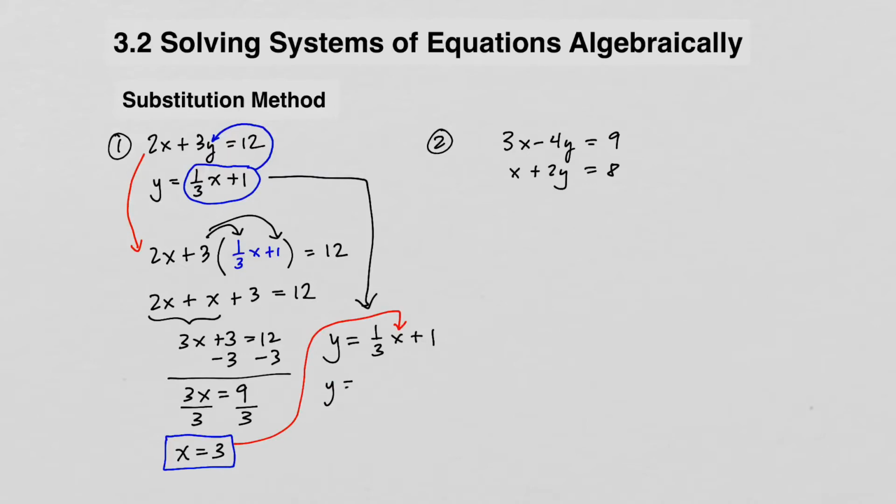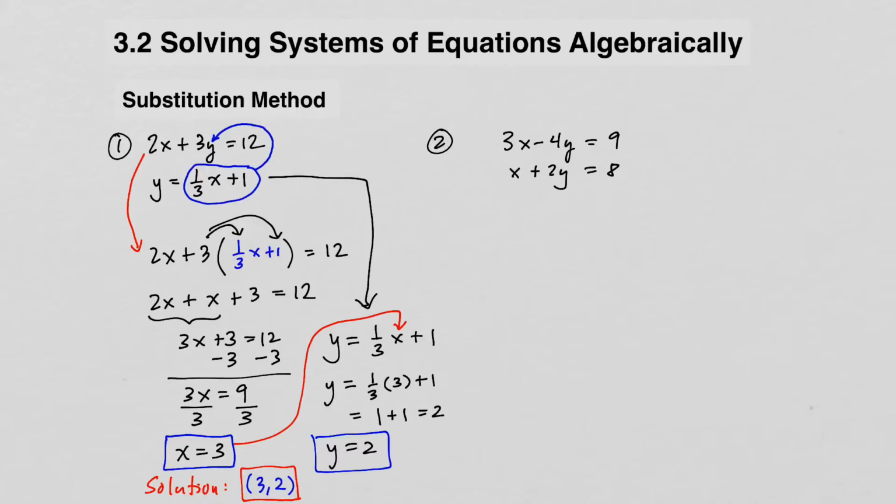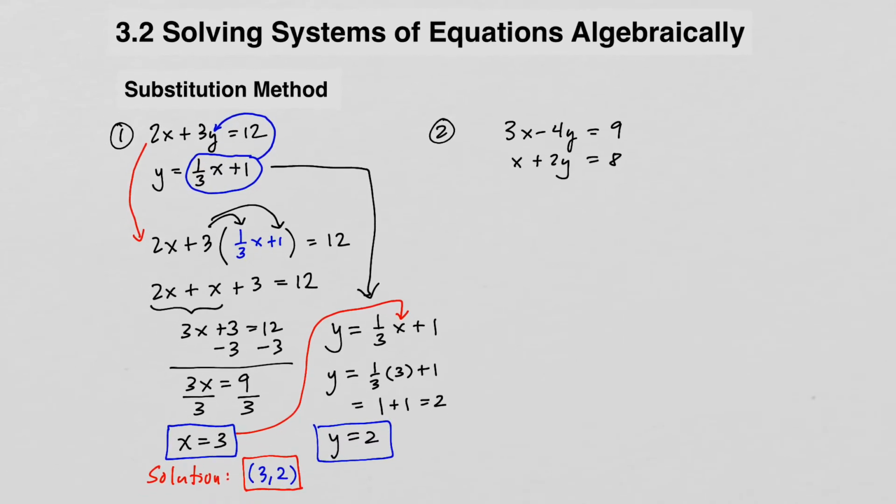And when we do that, we get y equals 1/3 times 3 plus 1. 1/3 times 3 is 1, plus 1 equals 2. And so we get y equals 2. And that means the solution here is the point 3, 2. And you'll notice that this is the same result that we got when we graphed those two lines in the previous section.